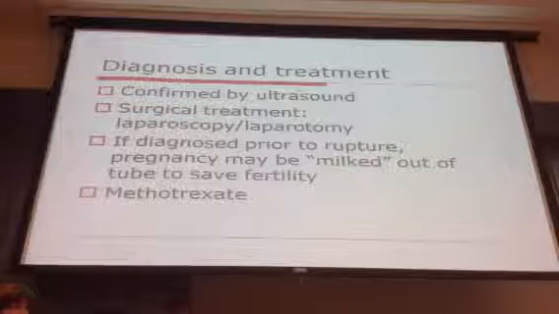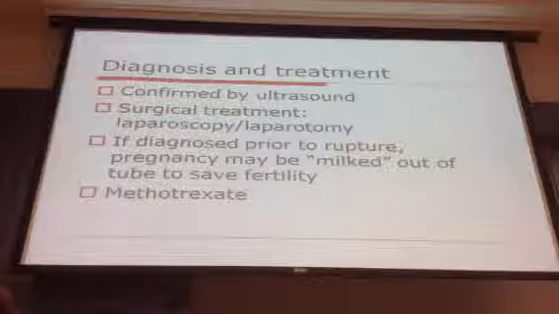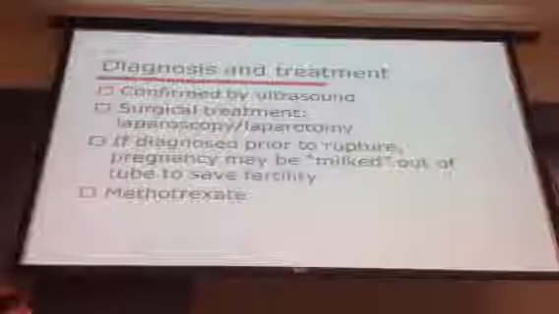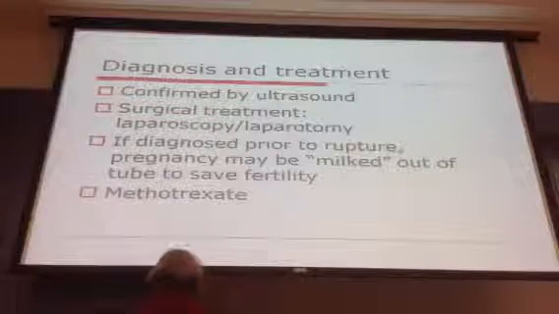If she is identified as having an ectopic before it ruptures, then they can do one of two things. They can remove the pregnancy from the fallopian tube.